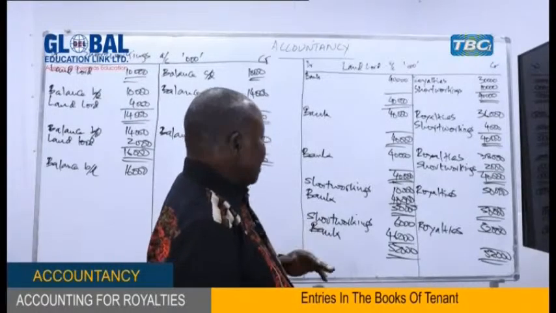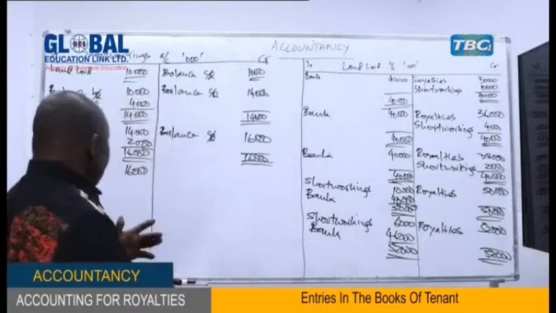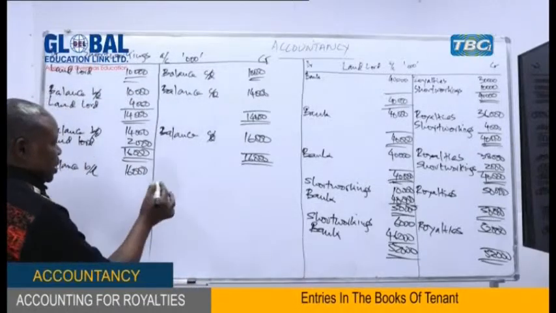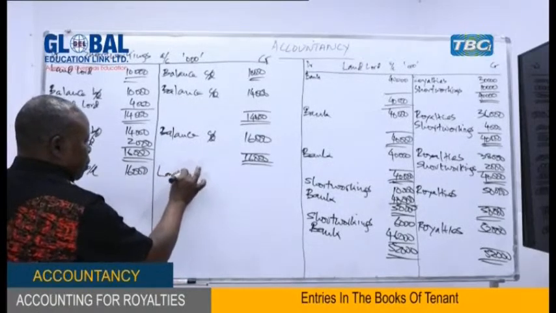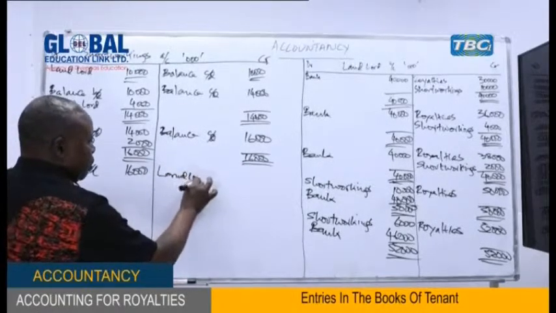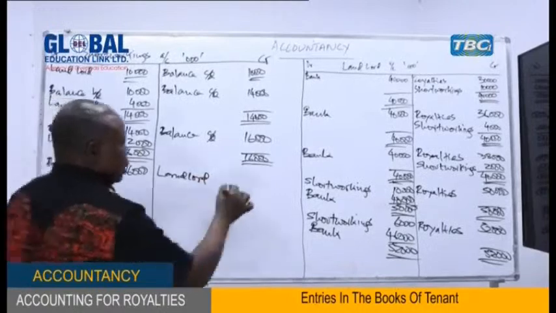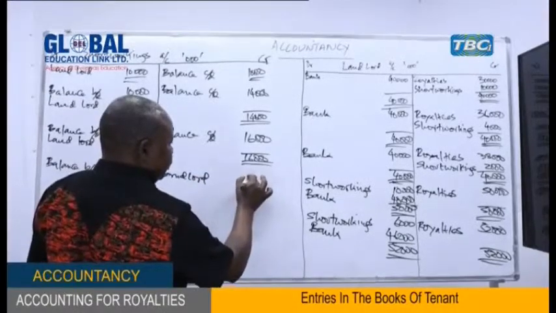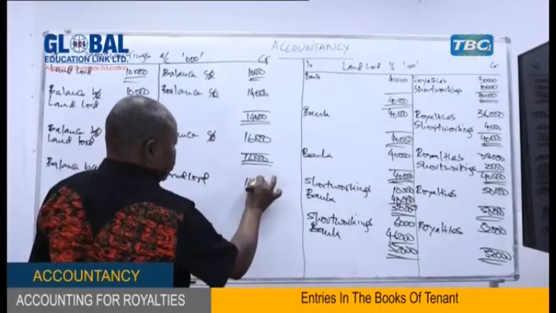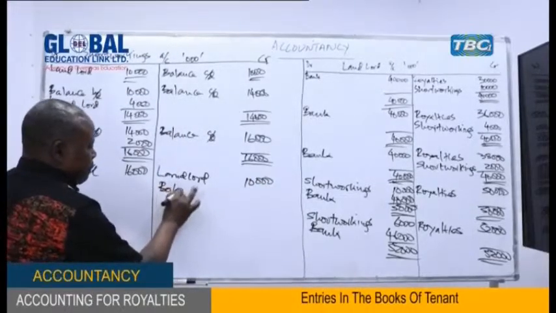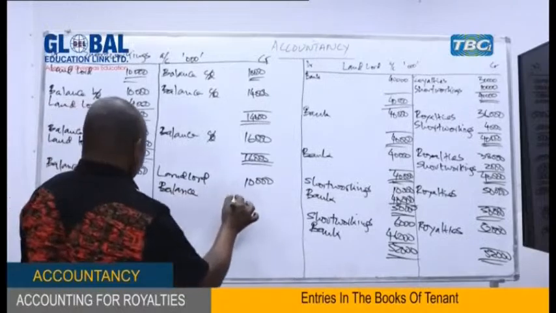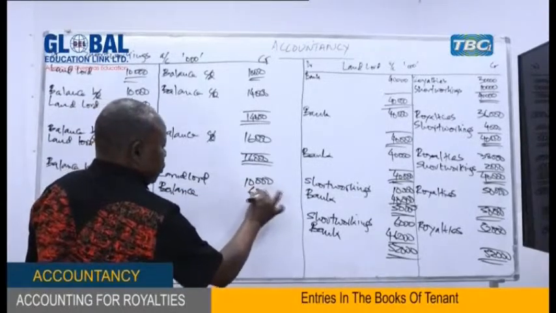So we start now to recoup 10,000. So we write here now landlord 10,000. Balance carried down. It's 6,000.